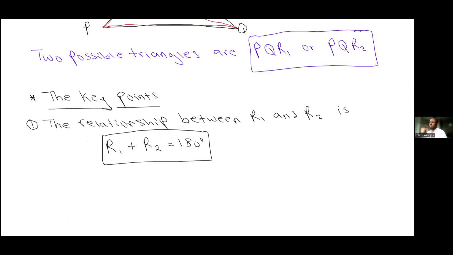Is that okay? Now, like I said in the previous video on the sine rule, if you've not watched it, it's a very good time for you to go back and have a look. I told you that the sine rule always gives an acute angle.